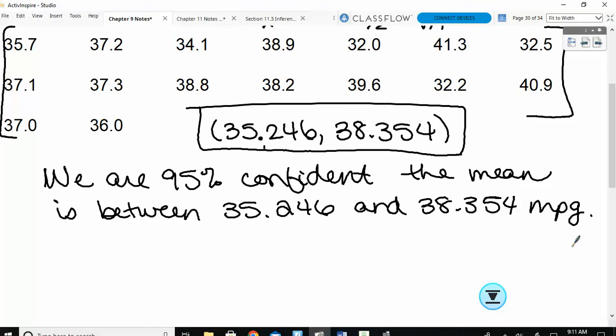So we're 95% confident your average miles per gallon will be somewhere between these two numbers. Any questions on that one? Everybody got it to work on their calculator?